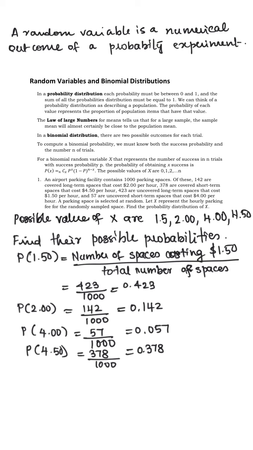Probability of $1.50 is number of spaces costing $1.50 divided by the total number of spaces. Do the same procedure for probability for $2 and probability of $4 and probability for $4.50. Then the probability distribution is as follows.